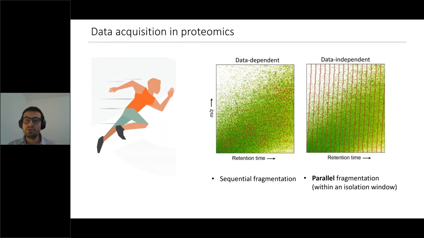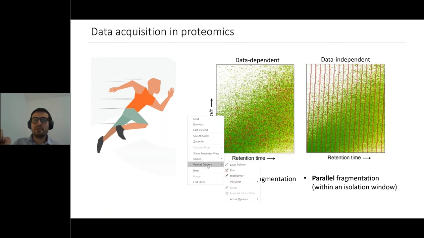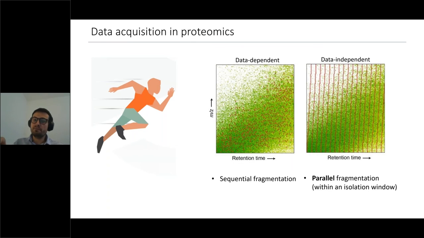So just to cut it short, in classical data dependent acquisition, we would look at all of our peptides eluting from the chromatographic column and measured by our mass spectrometer. So these are all the green signals that you see here in the background.